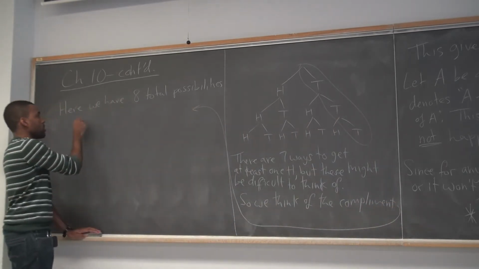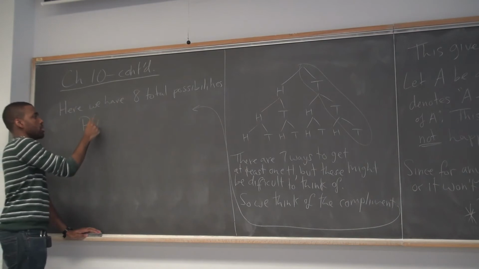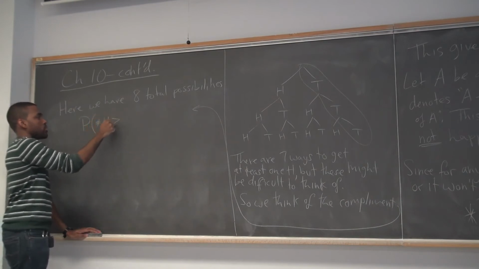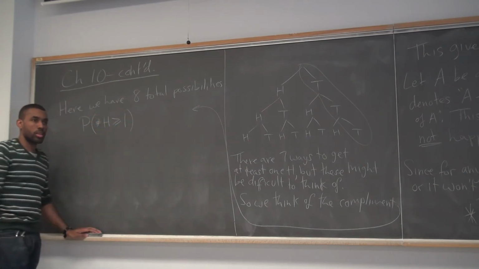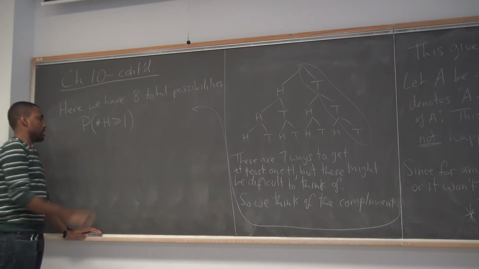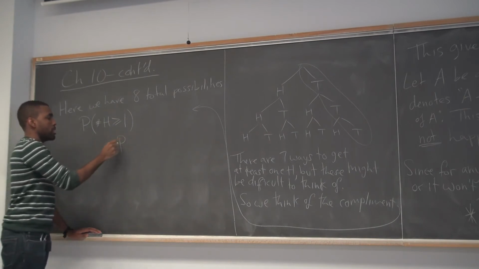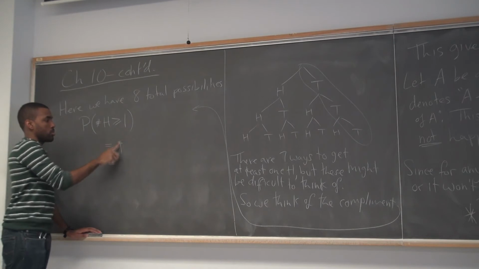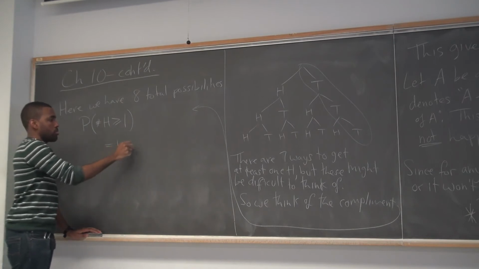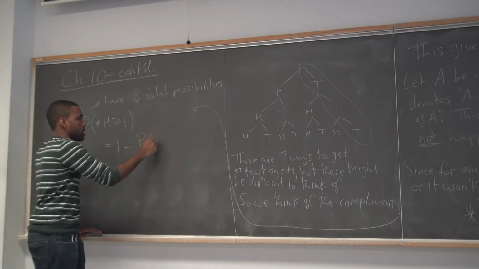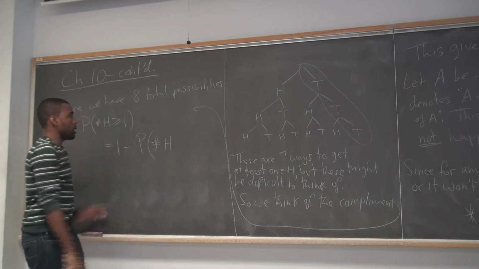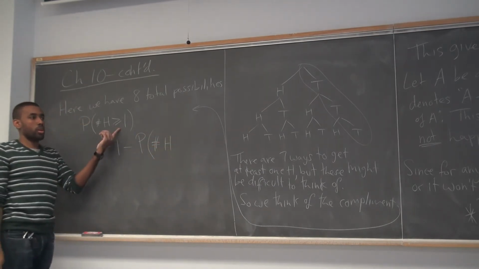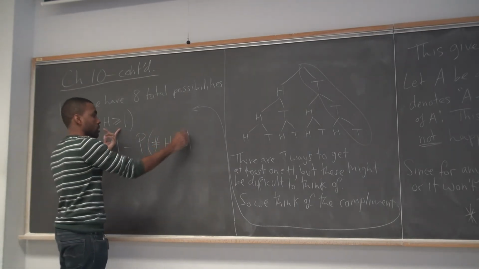So basically, I want the probability that the number of heads is greater than or equal to 1. Now this is just going to be 1 minus the probability that the number of heads, the opposite of being greater than or equal to 1, is being what? Less than 1.